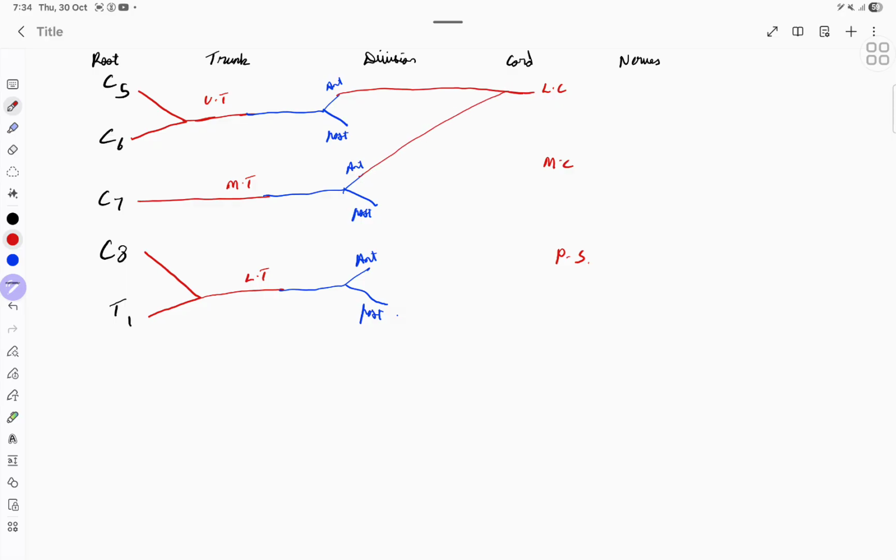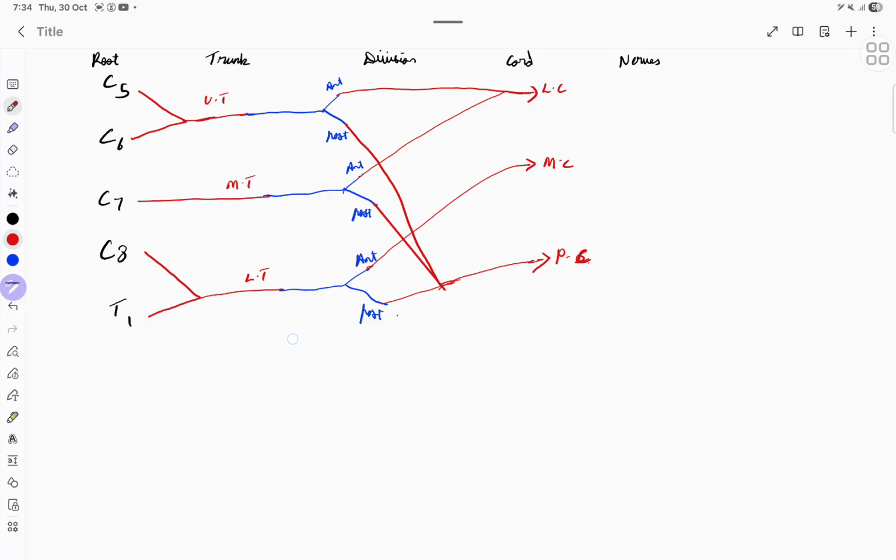The lower trunk anterior division alone will form the medial cord. Then all the posterior divisions of all the trunks will form the posterior cord.